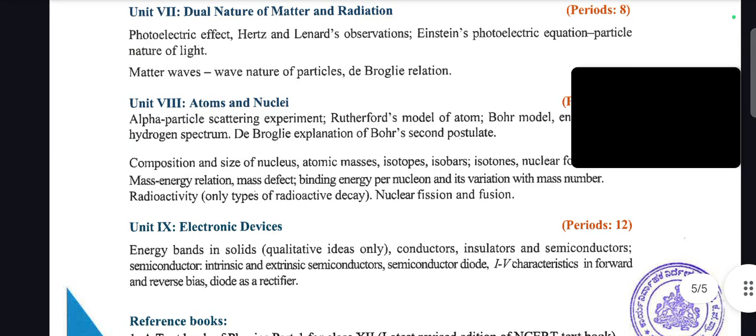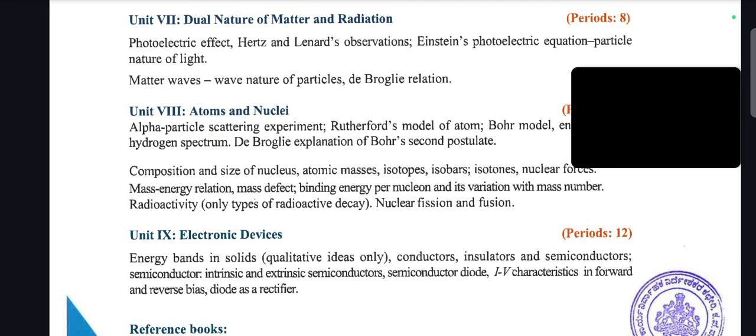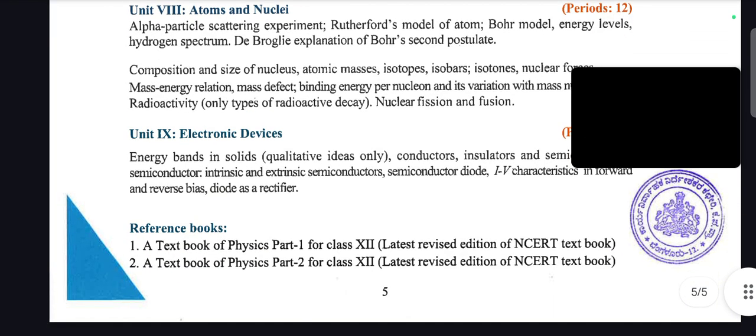Then Unit 7, Dual Nature of Matter and Radiation: photoelectric effect, Hertz and Lenard's observations, Einstein's photoelectric equation, particle nature of light, matter waves, wave nature of particles, de Broglie's relation.